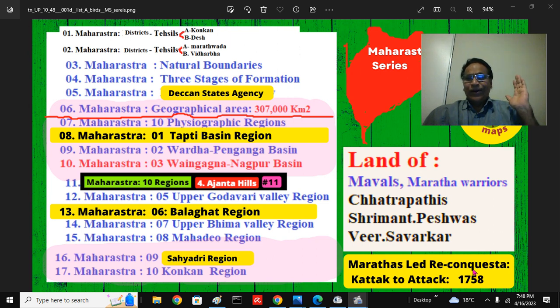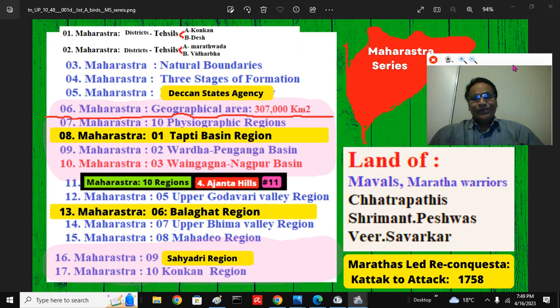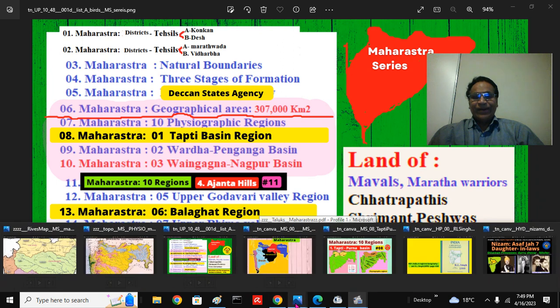Marathas led the reconquista of Bharat. They brought the concept of Katak to Attak, Reconquista. Katak on the shores of Ganga Sagar in Utkal, Kalinga or Orissa, and Attak is a town and district on the Sindhu River in the Potwar region of Paschim Punjab, West Punjab, west of the Radcliffe partition line. That's why it's a very fascinating land and people we should learn about to know more about Bharat.